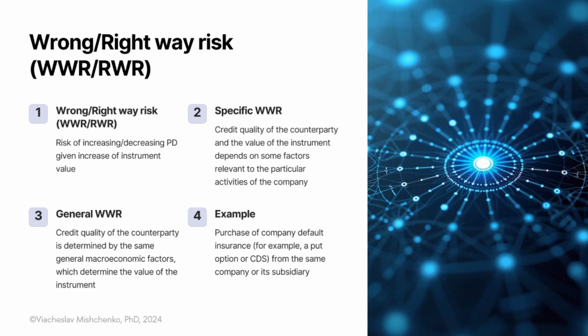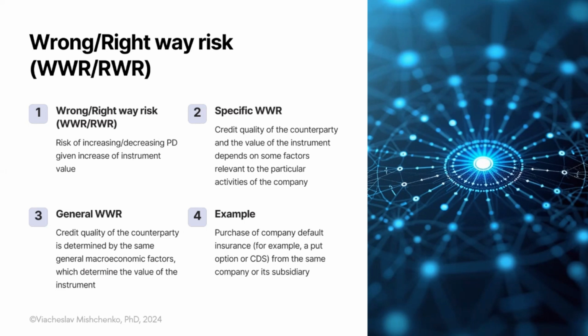But for general wrong way risk, think about, for example, buying a USD to ruble swap from a Russian company. If the ruble weakens, the company's credit quality might deteriorate just as our exposure increases. That is general wrong way risk.